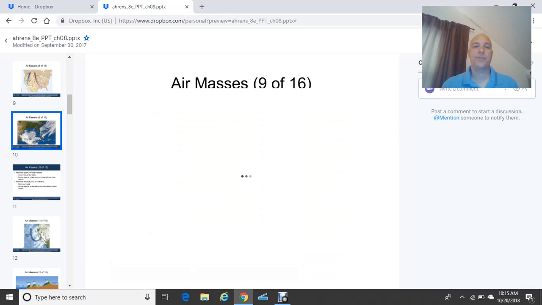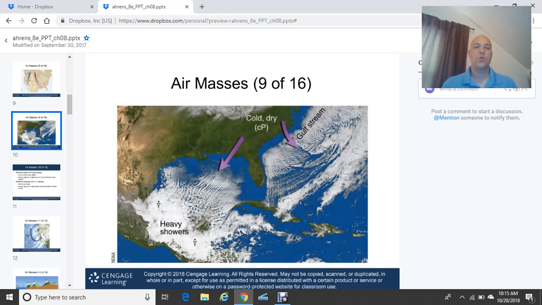Okay, here's an example. We're moving on now to what it looks like when cold, dry continental polar air masses move off the United States over warmer waters of either the Western Atlantic or the Gulf of Mexico. You notice what happens? You get this cold, dry continental polar air, and once it goes over that relatively warmer water, it tends to form clouds, and there's a distinct edge to those clouds.